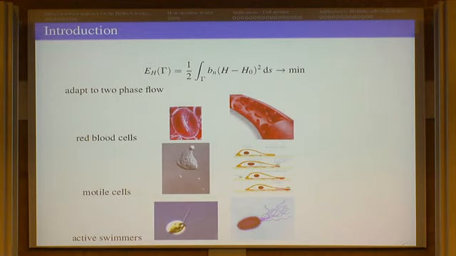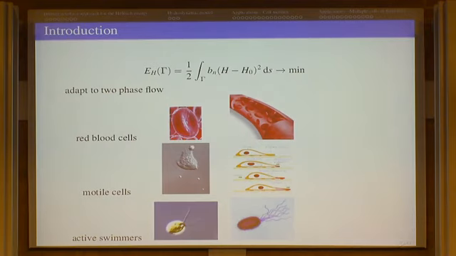And if we can do this, is there any chance to describe red blood cells in blood flow, which you can see here? So here are the red blood cells, and we can regard them as a two-phase flow, where one phase is the cytoplasm of this red blood cell, and the other phase is the blood plasma.